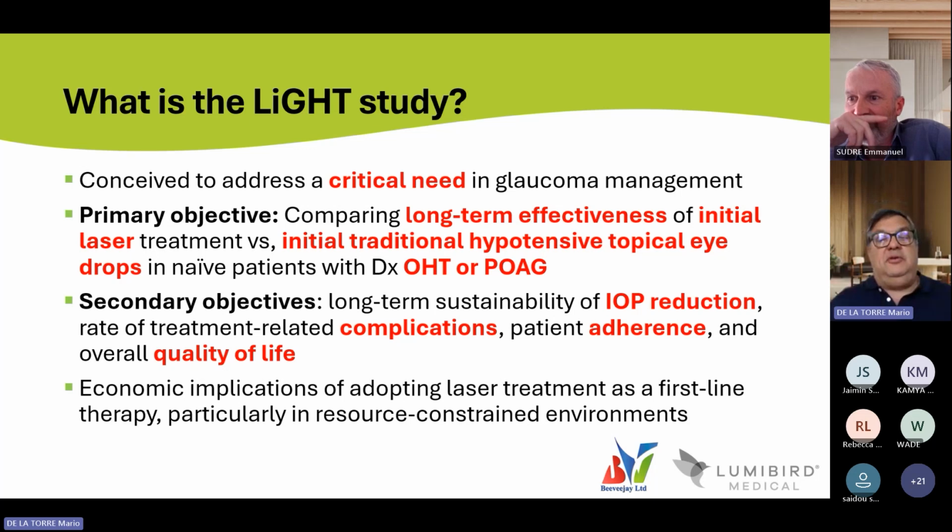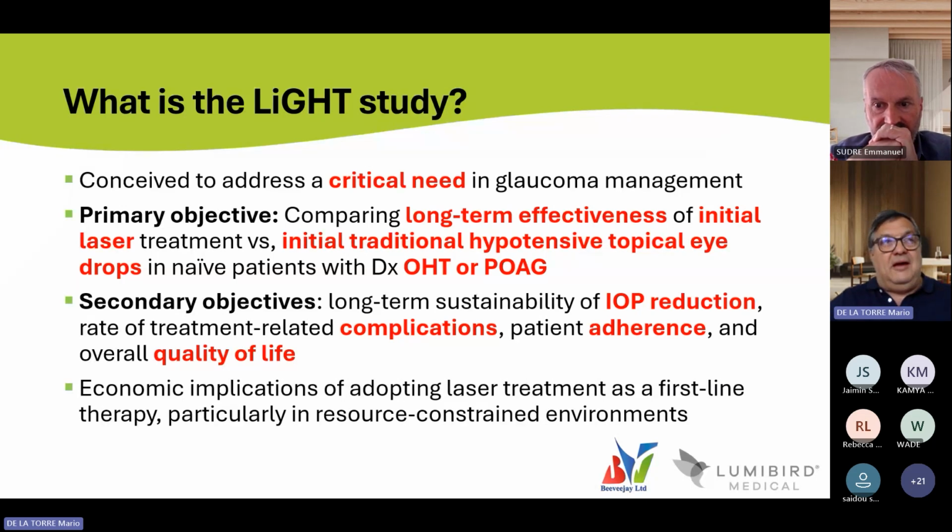The secondary objectives were the long-term sustainability of IOP reduction, efficacy rates of the treatment, and also complications, that is safety. The most important thing was to demonstrate whether there is adherence of the patients, and the quality of life of our patient.